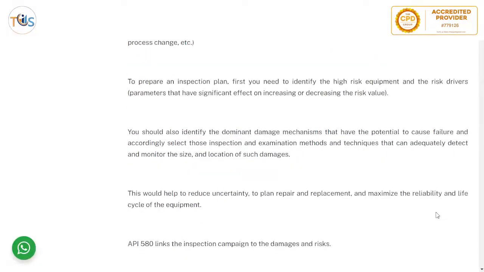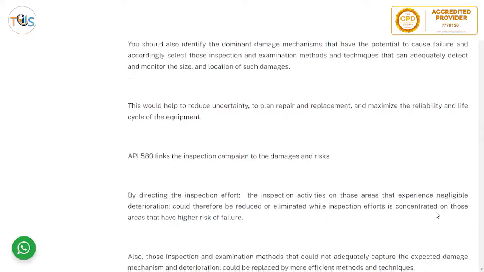To prepare an inspection plan, first you need to identify the high-risk equipment and the risk drivers, parameters that have significant effect on increasing or decreasing the risk value. You should also identify the dominant damage mechanism that has the potential to cause failure, and accordingly select those inspection and examination methods and techniques that can adequately detect and monitor the size and location of such damages.